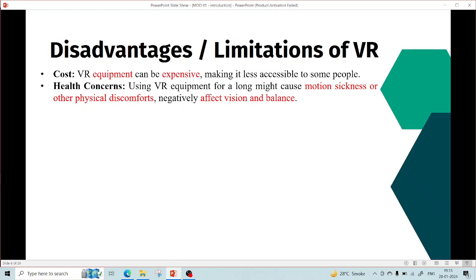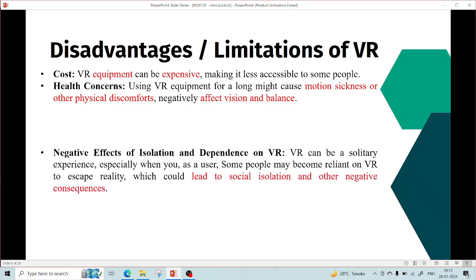The initial users, or first-time users, will definitely feel these health issues, and you need to be very cautious about using VR regularly for such people.